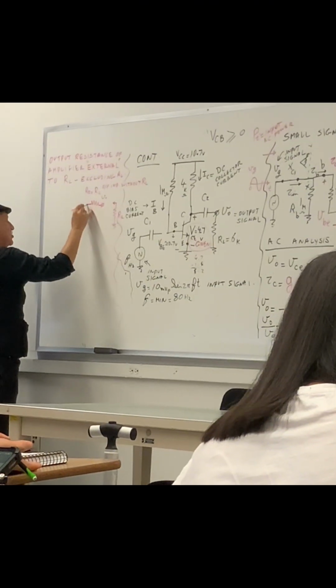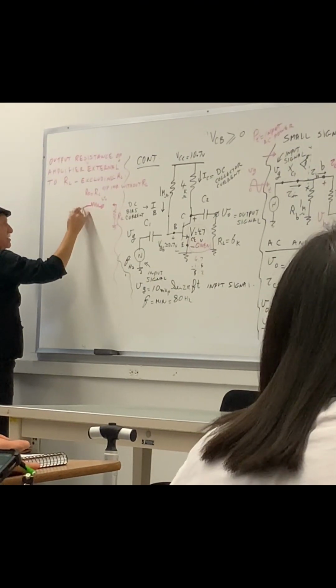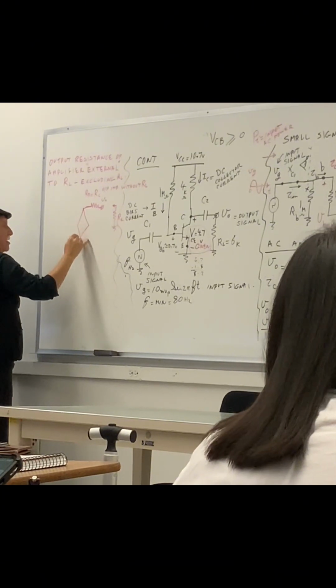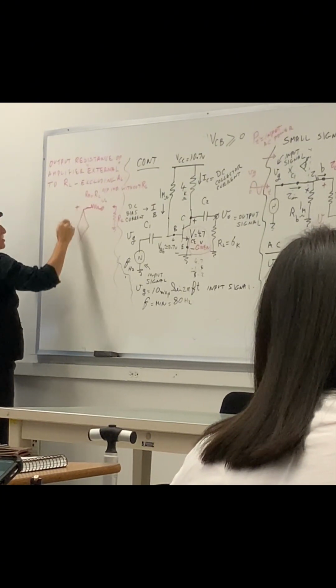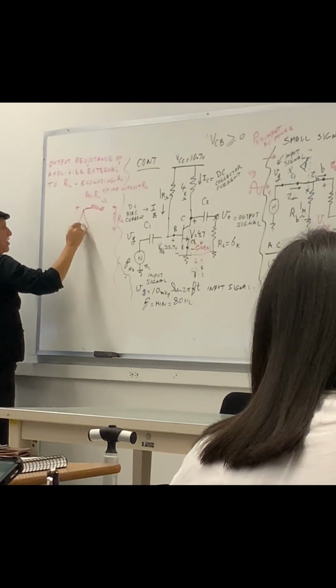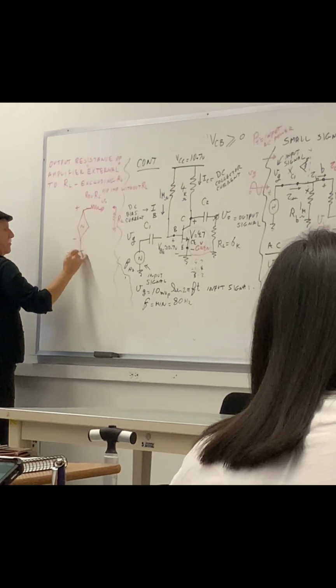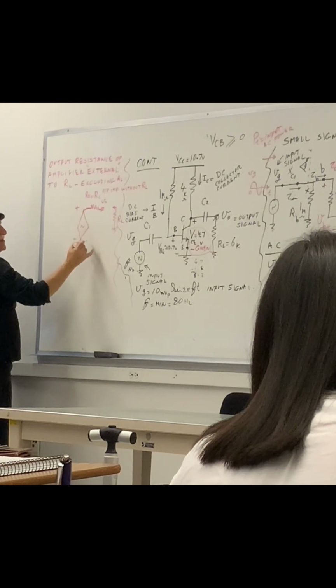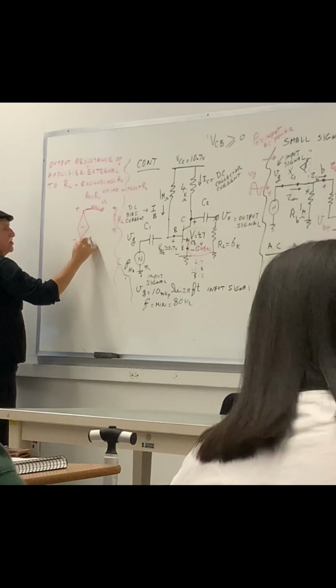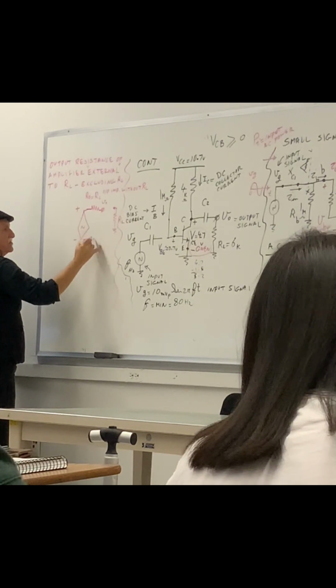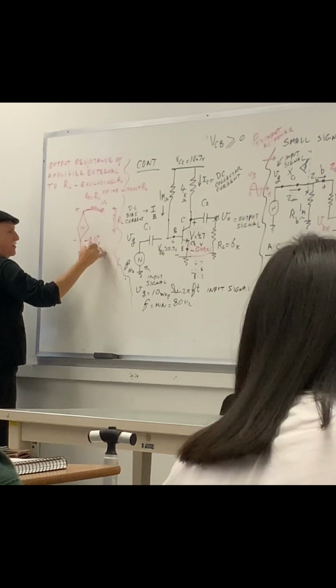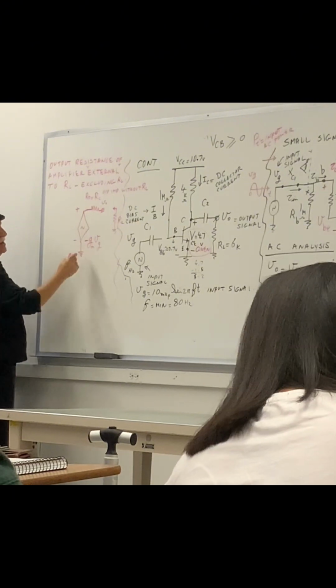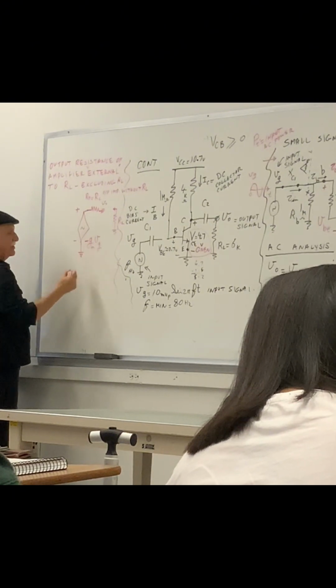You have a voltage source like a Thevenin plus minus. That value is minus GM multiplied by VG.